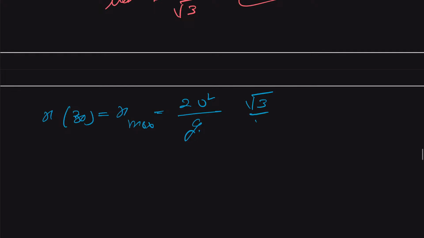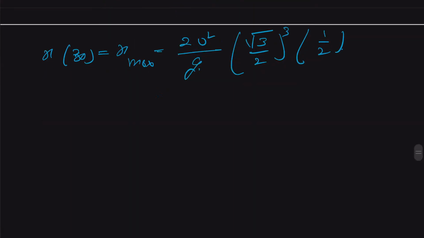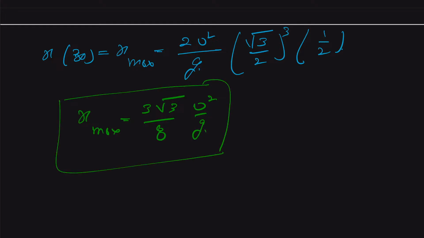So this comes as 3 root 3 upon 8, and we get x maximum will be equal to 3 root 3 upon 8 times v square upon g. So this is maximum distance. Okay. So this was basically a combination of conservation as well as projectile motion whenever two bodies are going to collide with each other. Various parameters we can fix and also find out.